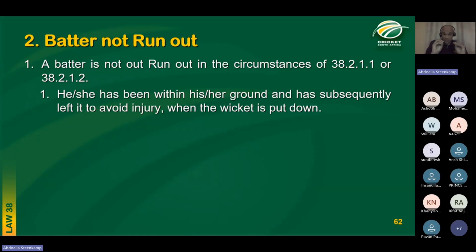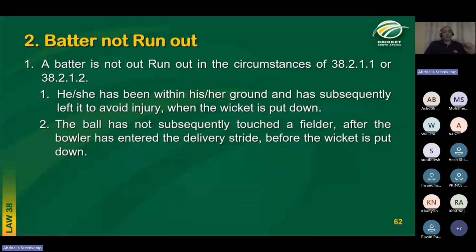If both those conditions are in place, the batter gets immunity from being run out. But if the batter is dozing off and just left the crease for no reason, and the keeper takes off the bails, no immunity for that batter. That batter can be run out.